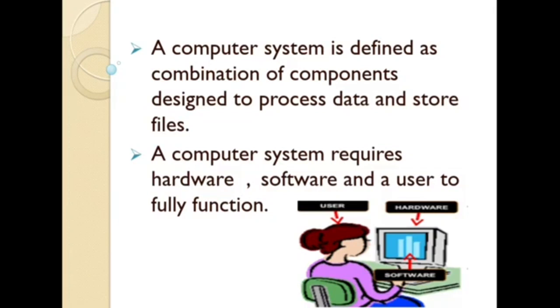For that, a computer system requires hardware, software and a user to fully function. When a user wants to give data to the system, we need hardware. Then when the process is done inside, we need some software. These two collectively serve the user. See in this picture, hardware and software both fully function with the user.